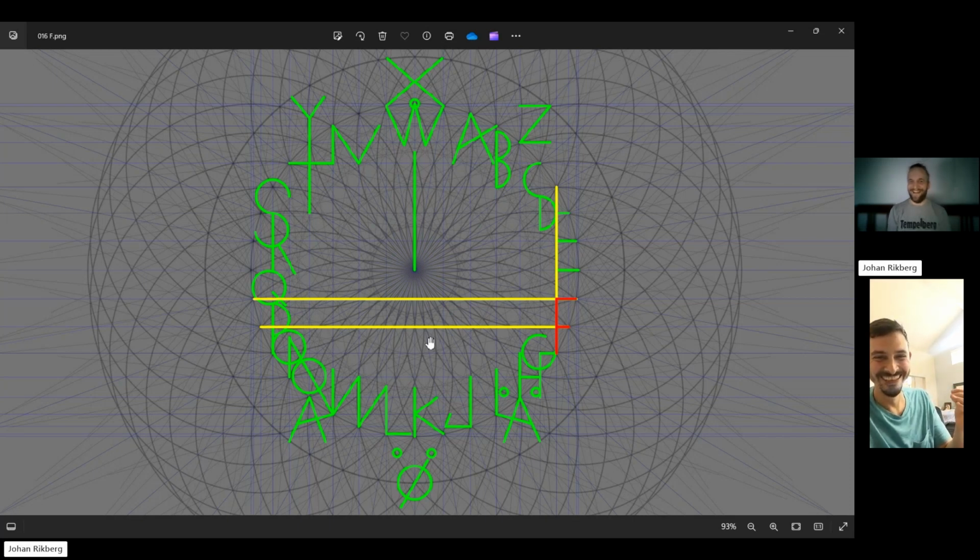Fru, which is seed, represents Frey and Freya, and is very similar to the E, the A, Ek, this idea of the oak tree and the seed.